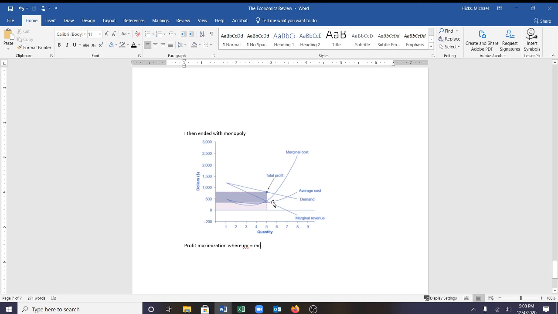And this area between the cost curve at that $5 and the demand curve where they're pricing, well, that's the monopoly profits that are available at that point. And then the cost of producing is this area down here. And so that's really where I ended my discussion of the economics of this class.